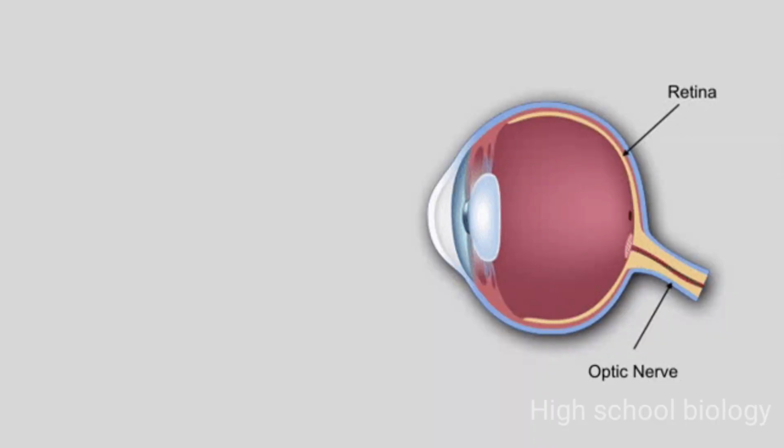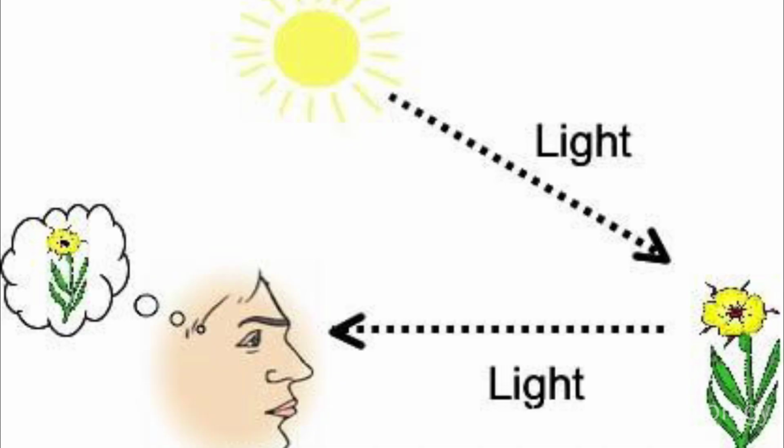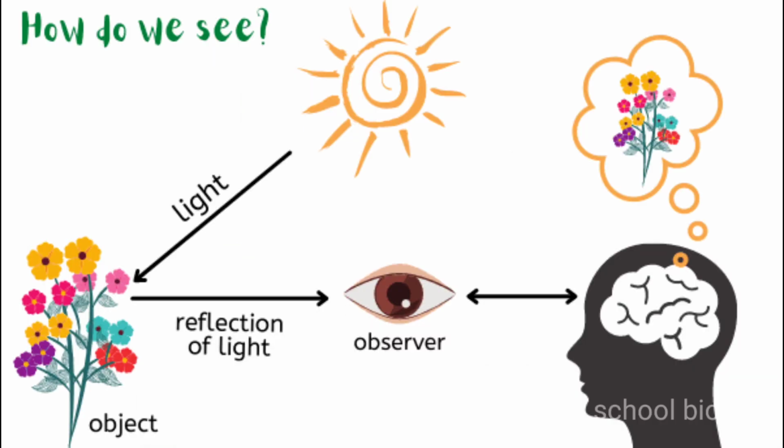It is located near the optic nerve. The purpose of the retina is to receive light that the lens has focused, convert the light into neural signals, and send these signals on to the brain for visual recognition.